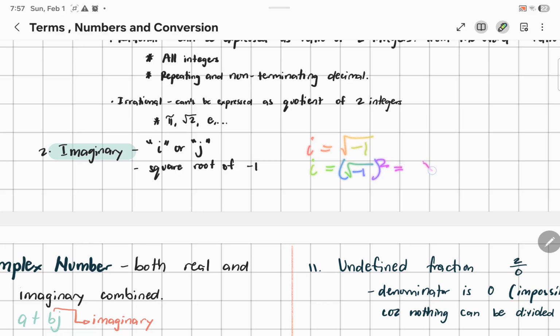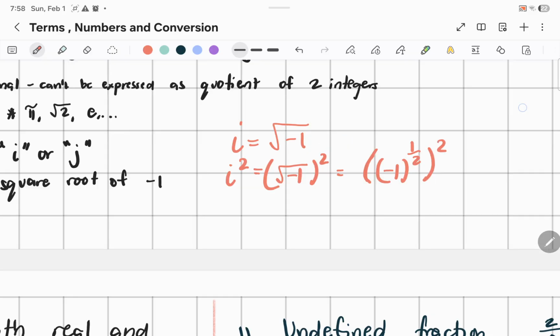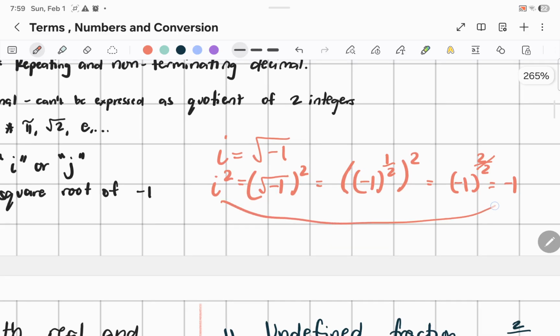That's just equivalent to negative 1 raised to 1 half. Now, by law of exponents, this will just be distributed, so that will become negative 1 raised to 2 over 2. Therefore, that's just negative 1. 2 over 2 is just 1, right? So negative 1. Therefore, i squared is just equivalent to negative 1.